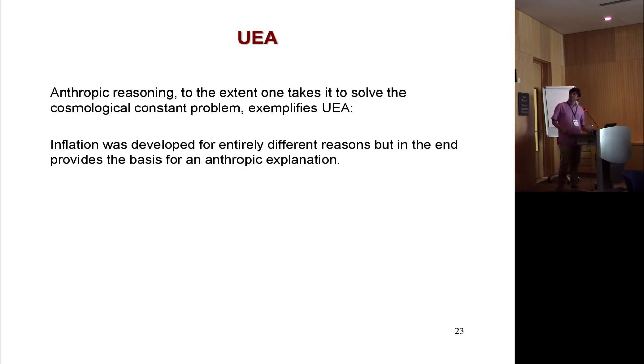If you look at anthropic reasoning as an explanation of the functioning of the cosmological constant, then this clearly is an unexpected explanation you get out from string theory. So clearly no one, when developing string theory, had that in mind.